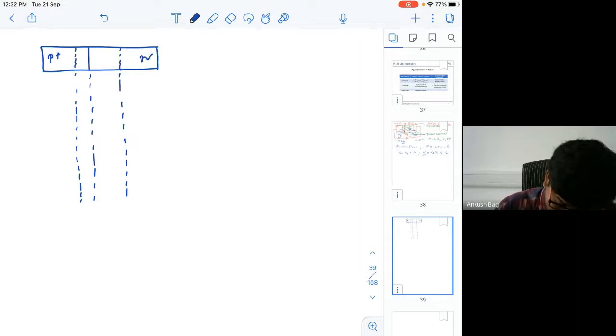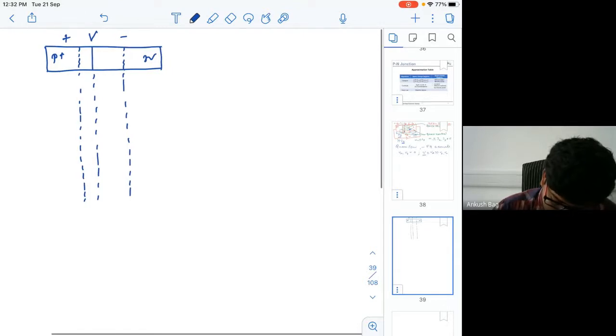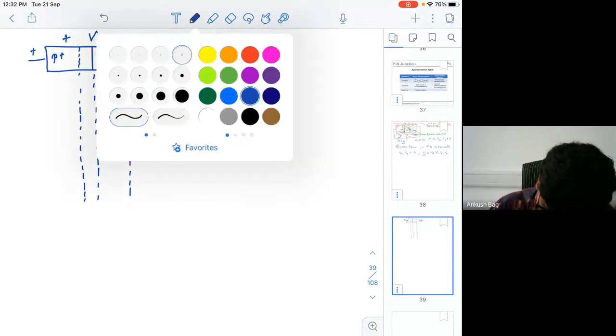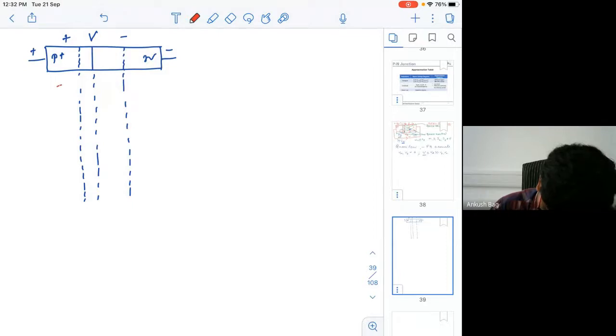We have already assumed that the forward bias is now across this space charge region, so V equals Vd. These are the assumptions we have already explained. And now your electric field distribution, I have drawn this.